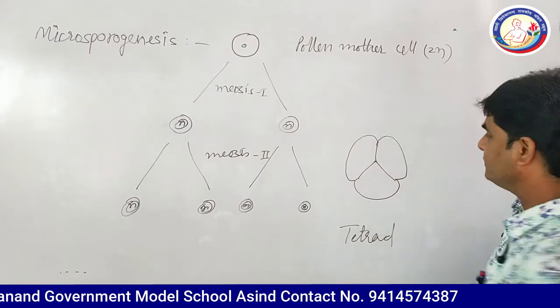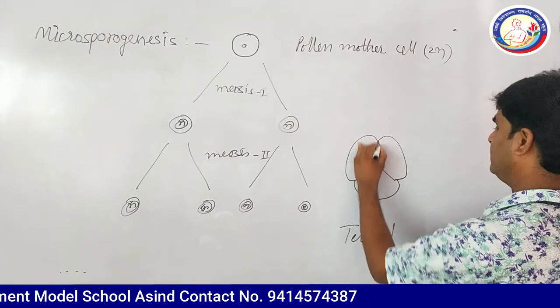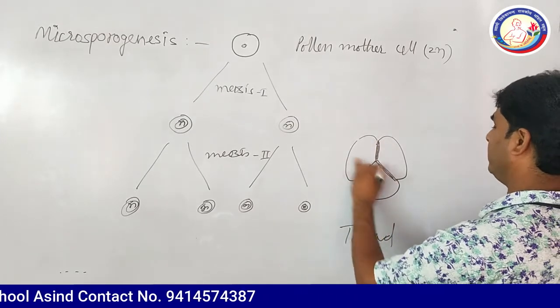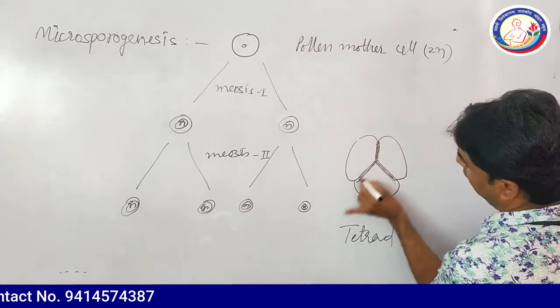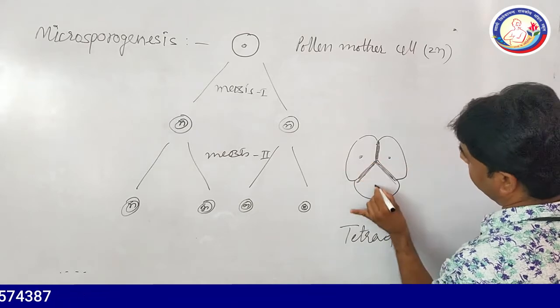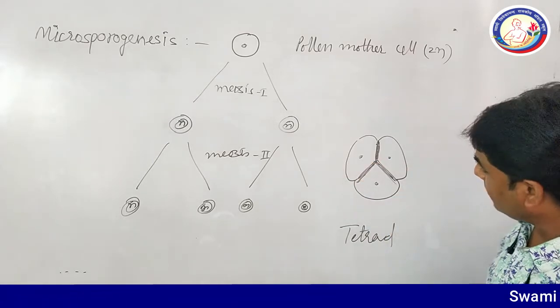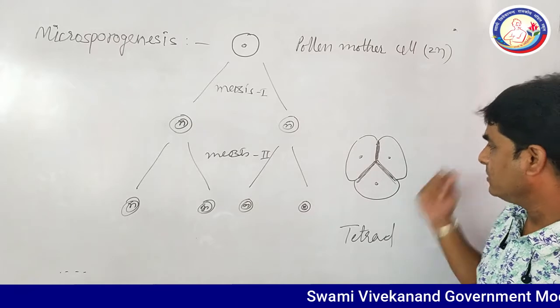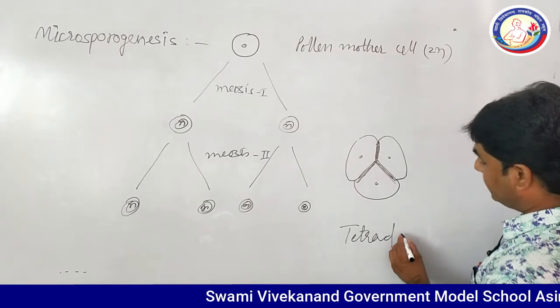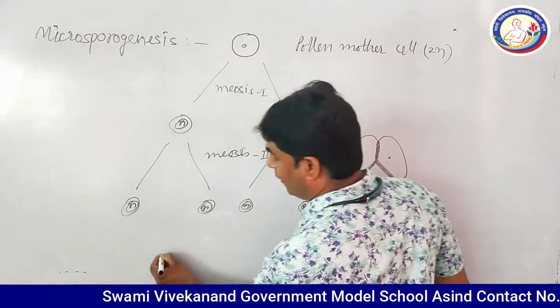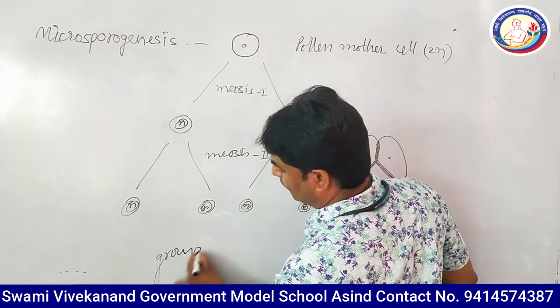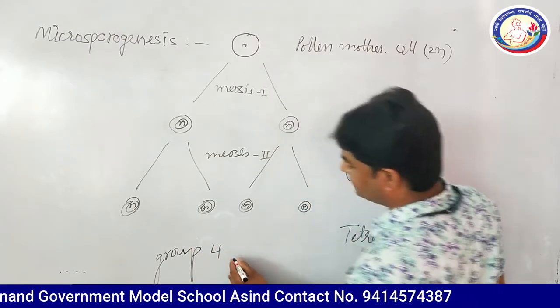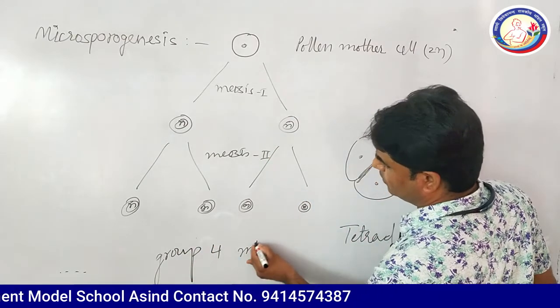It is attached by a specific biochemical that is known as callose. You can see 3 cells here, and 1 cell is just behind the structure. So you can see tetrad is a group of 4 microspores.